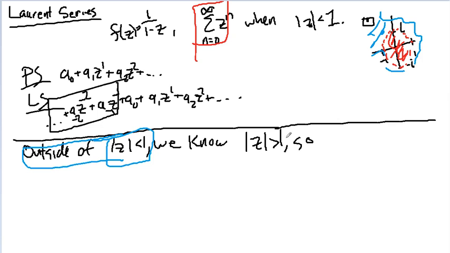We know that the modulus of z is bigger than 1, so 1 over z has to be less than 1, which means that we have something good here.